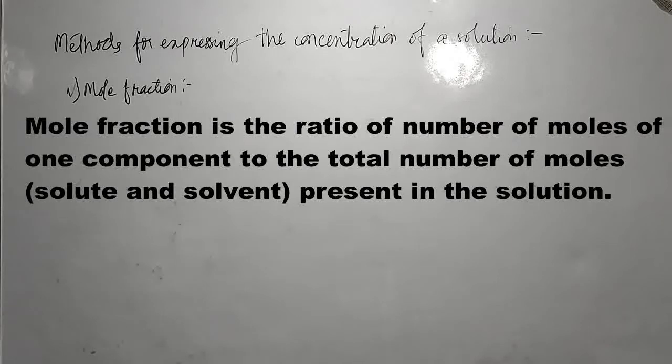The fifth one is the mole fraction. It is the ratio of the number of moles of one component to the total number of moles of solute and solvent present in the solution.